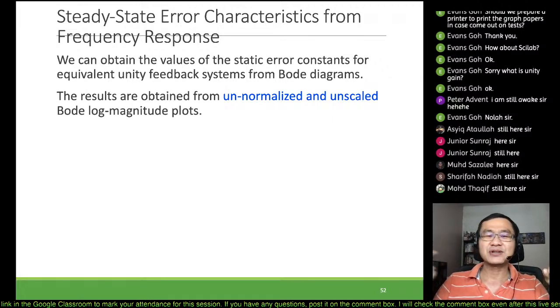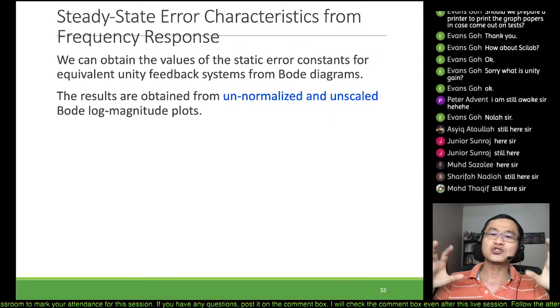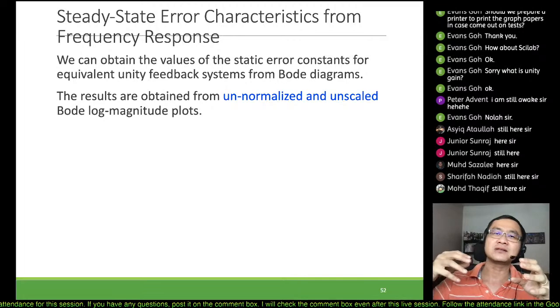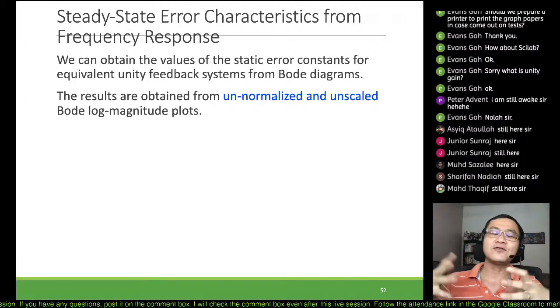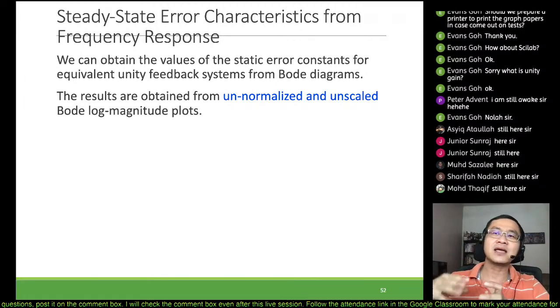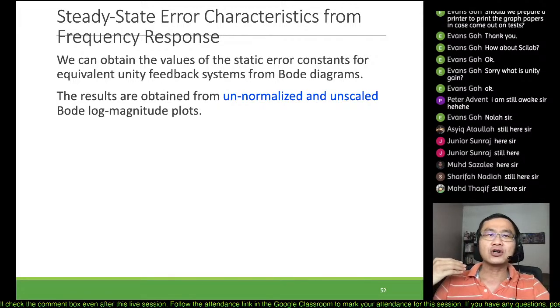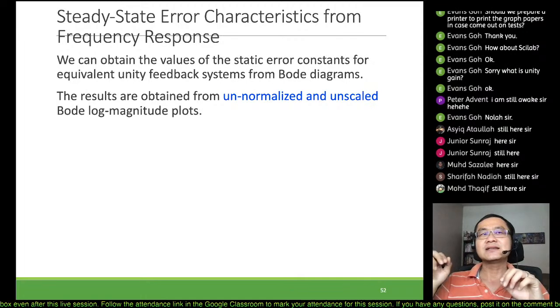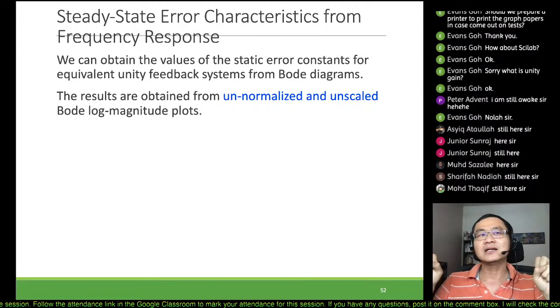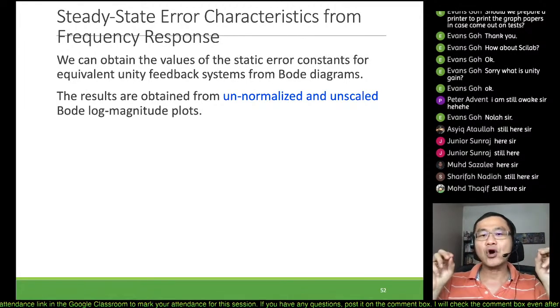Somehow you may relate to the steady state error. So I think we bring it there so that it kickstarts easier for you, and from there onwards you design your compensator using this particular frequency response technique.